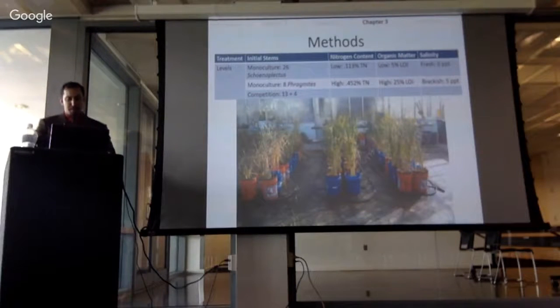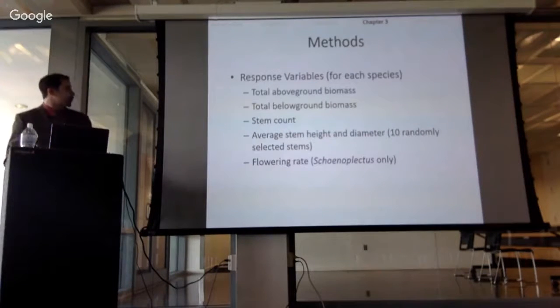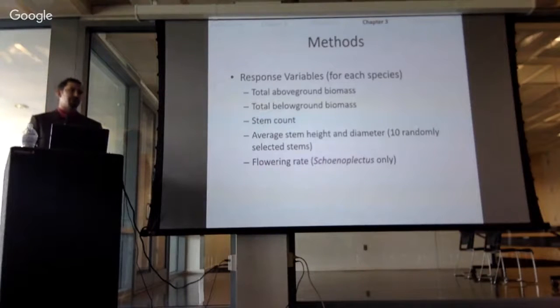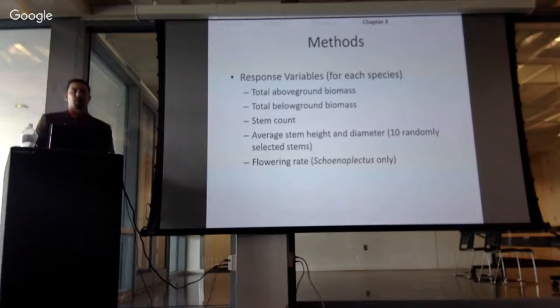I ran this experiment for 100 days, after which I counted all the stems of each species in each pot, measured total above ground and total below ground dry biomasses, got average measurements of stem height and diameter from 10 randomly selected stems from each pot, and assessed the proportion of stems that produced flowers by Schoenoplectus. Phragmites never produced any flowers during the experiment.